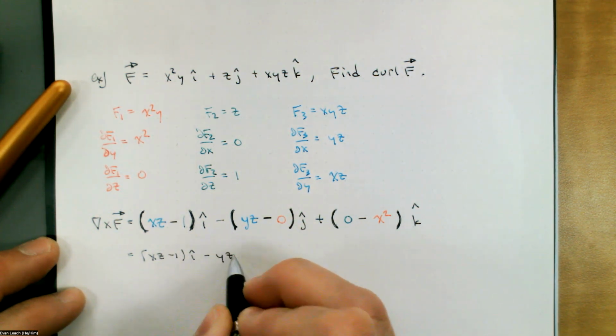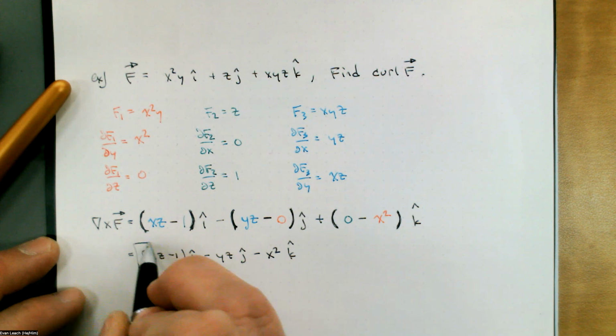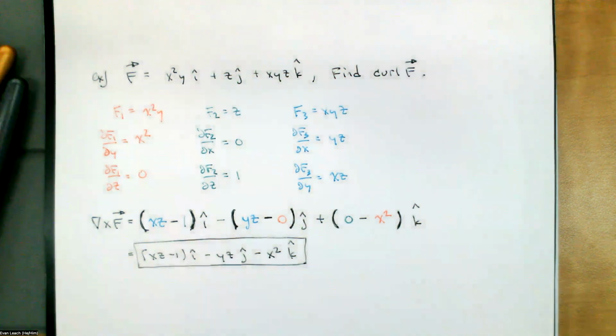Minus yz in the j component, and minus x squared for a k component. So here we have calculated the curl of a vector field.